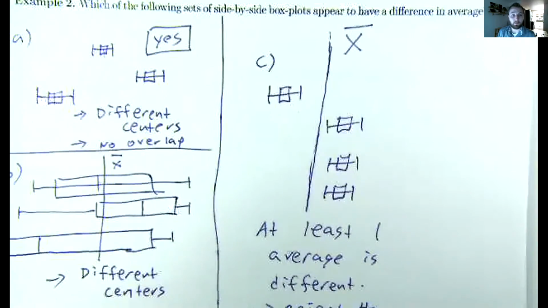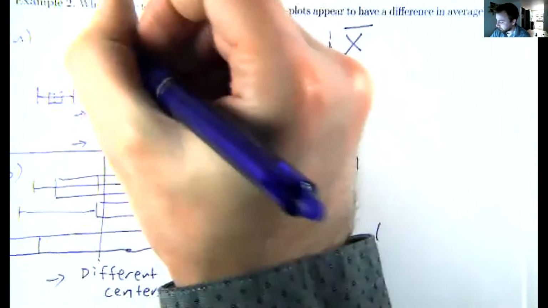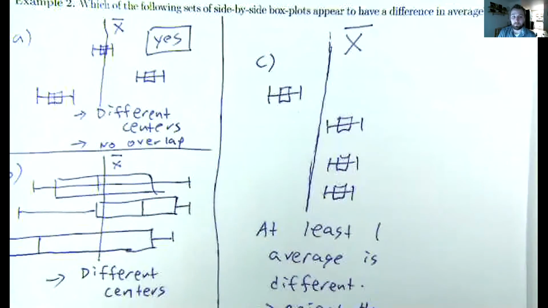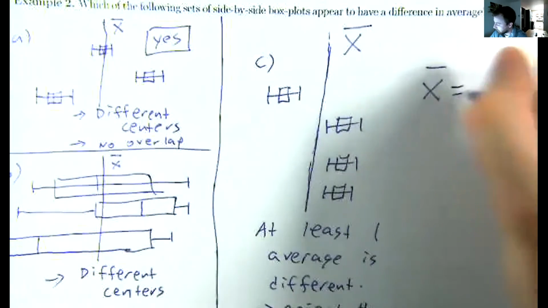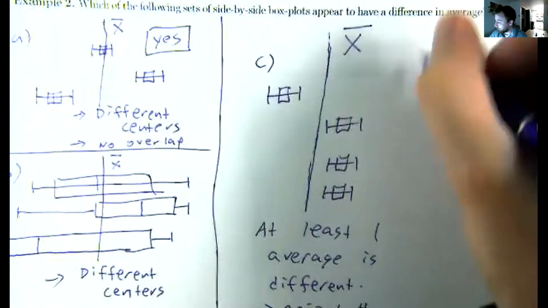It seems like they could be the same. If I averaged out all of my values and put that capital X bar line on this, it's missing some of those blocks. So this capital X bar, this is the average of all those values.